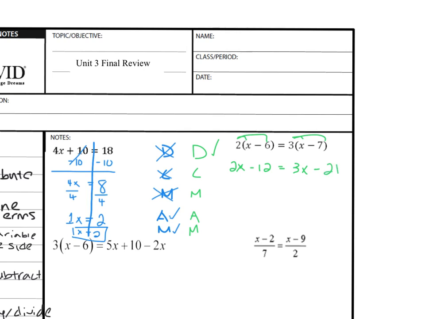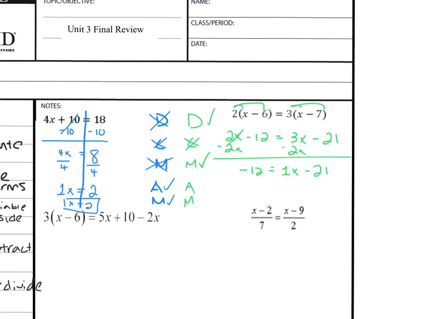I don't have any like terms that I need to combine on this one, but I will have to move one of my x's over. I'm going to move the 2x so that I'm left with a positive x. So on the left side, I'm left with negative 12, because those cancel out. 3x minus 2x just leaves me with 1x, and I still have to bring down my minus 21.